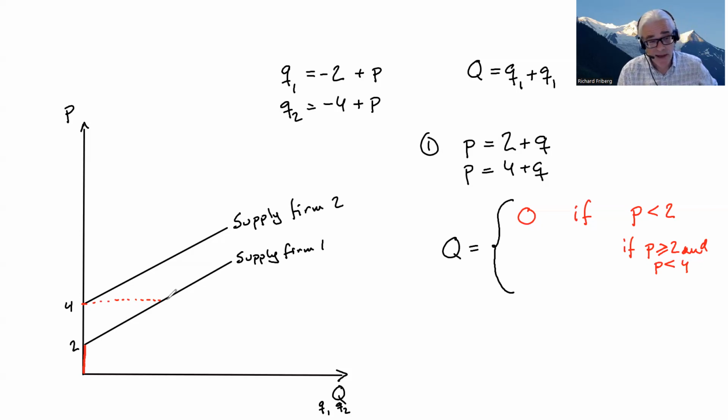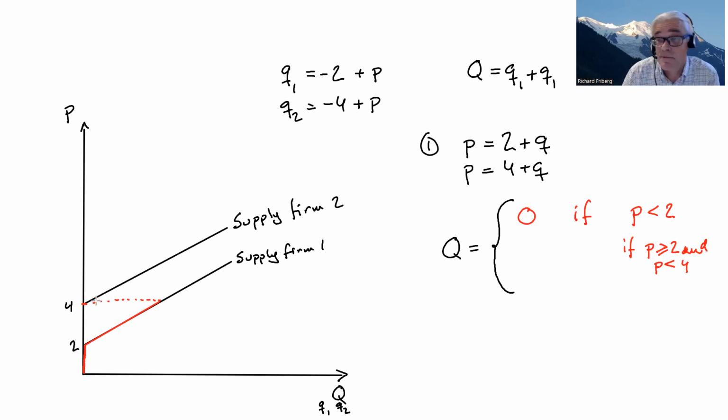Firm 1 is happy to supply these quantities at these prices, but firm 2, for that firm, prices are too low for it to be interested in supplying. Okay, so continuing with market supply, it's given by firm 1's supply curve here for low prices.